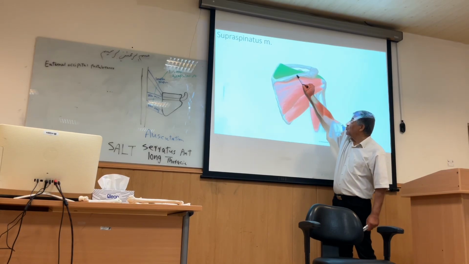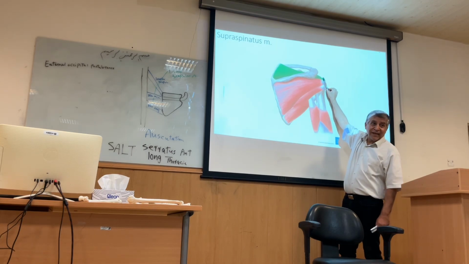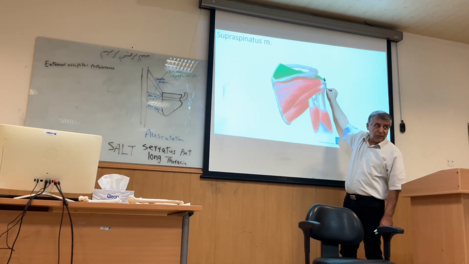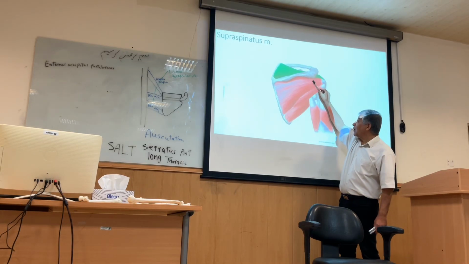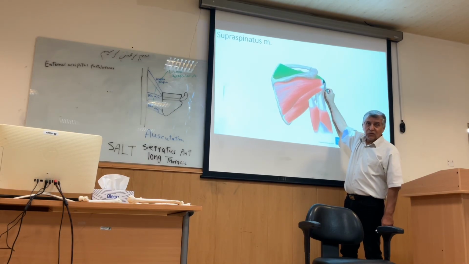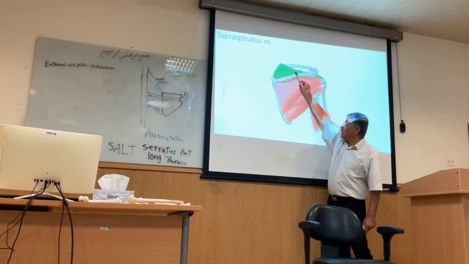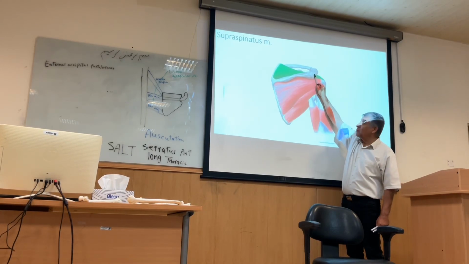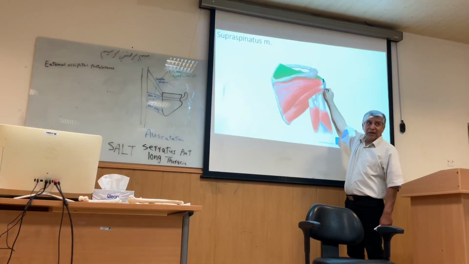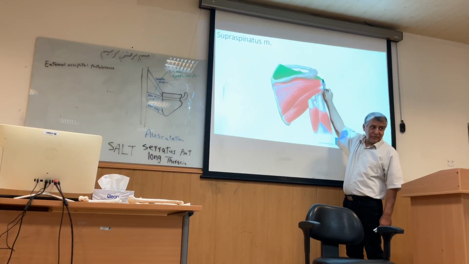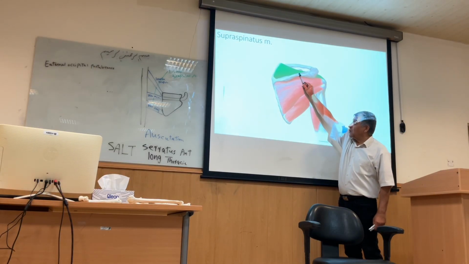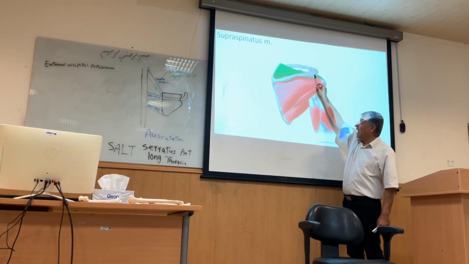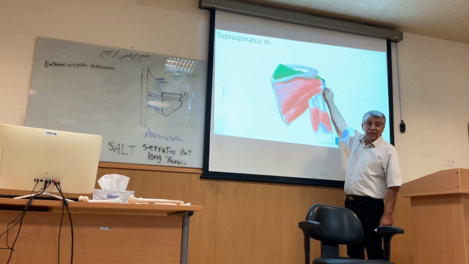Most of them move toward the greater tuberosity of the humerus. Supraspinatus passes below the acromion and inserts to the apex of the greater tuberosity.